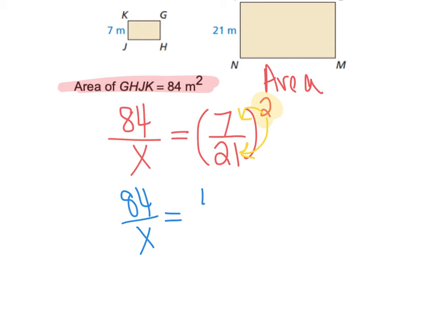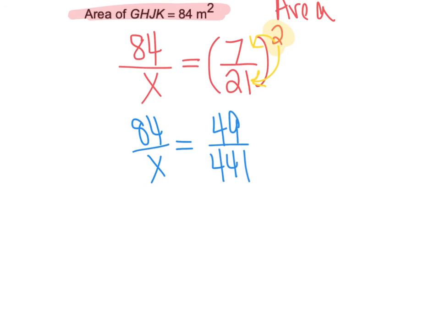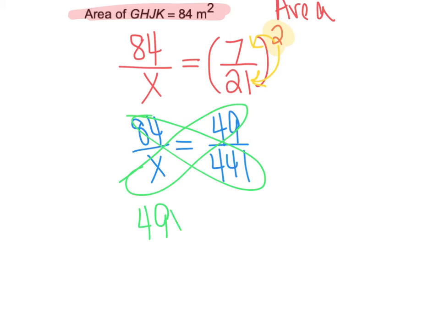7 squared is 49. 21 squared is 441. So calculators are going to be helpful here. And now we're going to go ahead and butterfly and cross multiply. 49 times x is 49x, and 441 times 84 is 37,044.